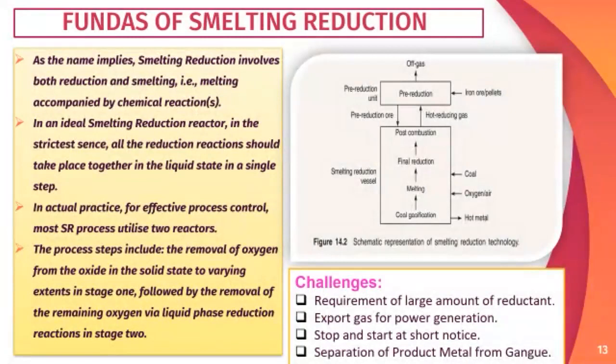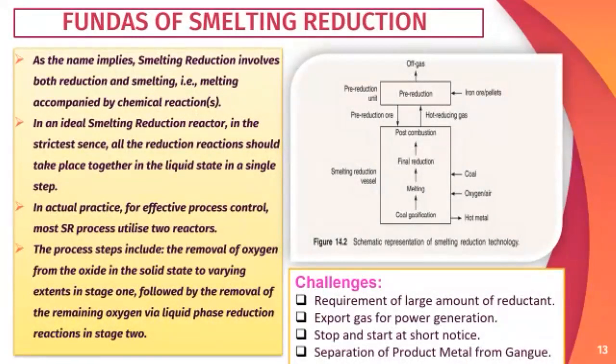Now we will look at some fundamentals of the smelting reduction process. As we know, smelting reduction is generally smelting plus reduction, which is simply melting accompanied by chemical reactions. In an ideal smelting reduction reactor, all the reduction reactions should take place together in the liquid in a single step.